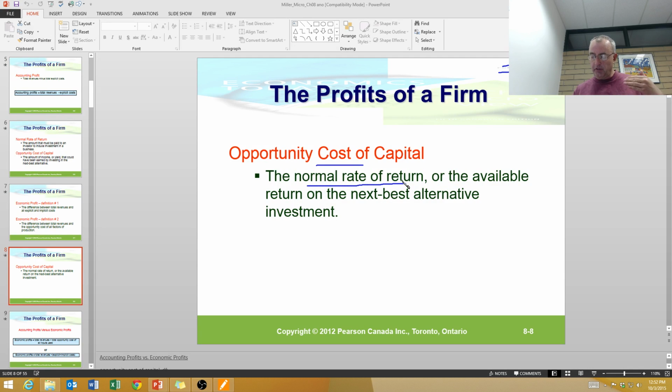So the normal rate of return is the industry standard return that you could obtain from investing in another business. And as we mentioned before, economists view the normal rate of return as a return to the factor of production of risk-taking, and thus when we calculate economic profit, we have to factor in the normal rate of return as the estimated cost of that factor of production, which is risk-taking.